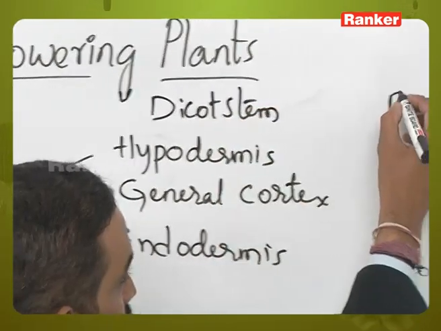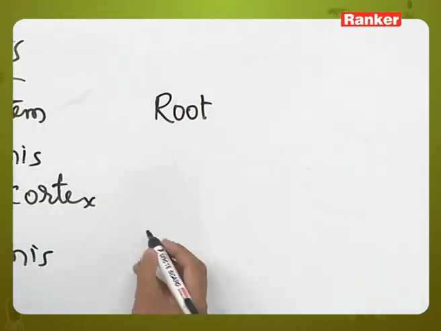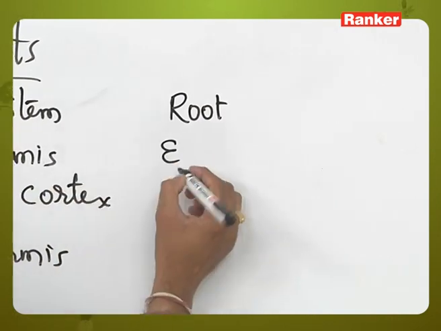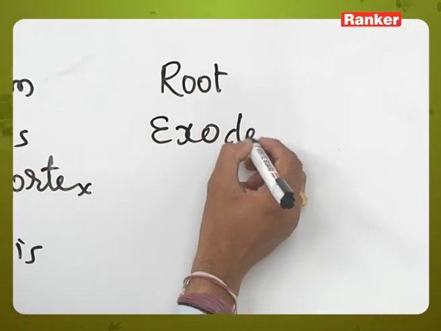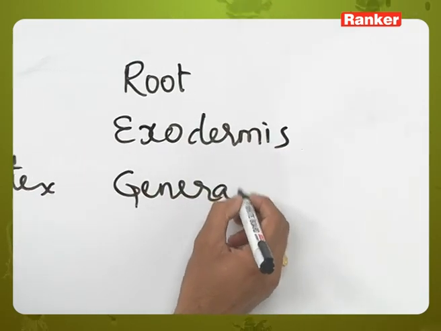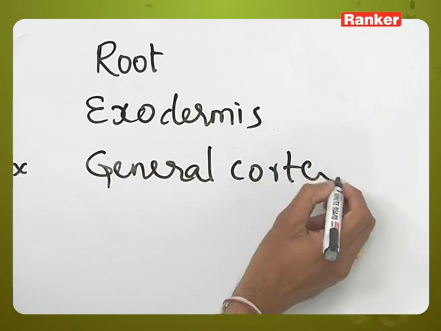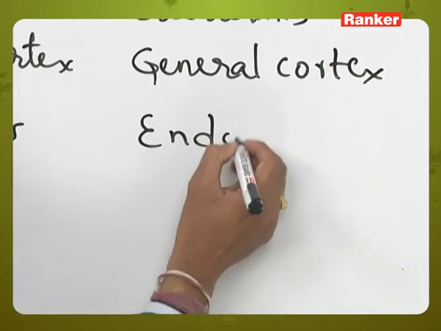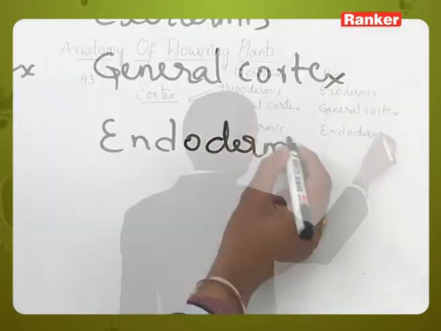And when we see the roots, either the monocot root or the dicot root, in place of hypodermis we can see the presence of exodermis, and the second part will be the same, that is general cortex, and the third part will be endodermis. So, that is the reason why we can consider that.